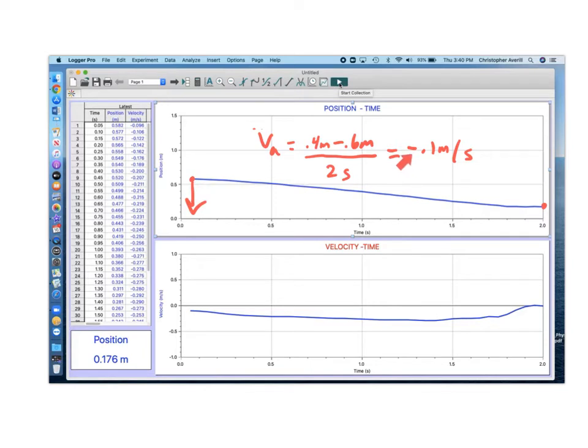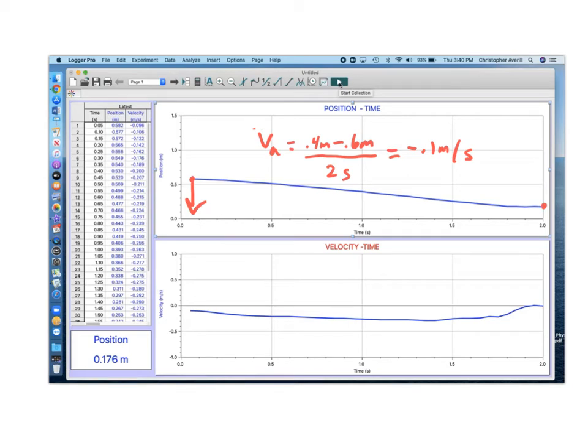Since our average velocity is negative 0.1 meter per second, remember the negative value is indicating direction. So we go down here and we look at our velocity time graph, and we know that this is our 0 meters per second. What we notice is different about this graph is that our line is below our 0 region.